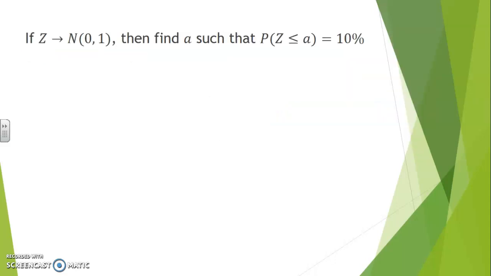Now, going backwards, if we know that Z obeys a standard normal law, is it possible to find the value left of which 10% of the area is found?